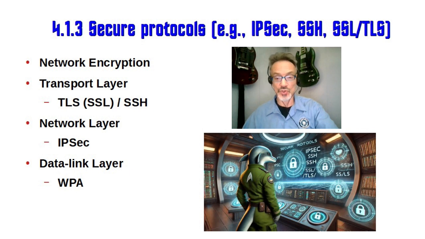4.3.1, secure protocols. Now in this context, they list IPsec, SSH, and SSL/TLS. These are vital for ensuring secure communications. They have encryption built in. They're network encryption protocols. These protocols encrypt data as they're being transported, so ensure that it's secure over transmission. So let's break it down. IPsec is a network layer protocol.